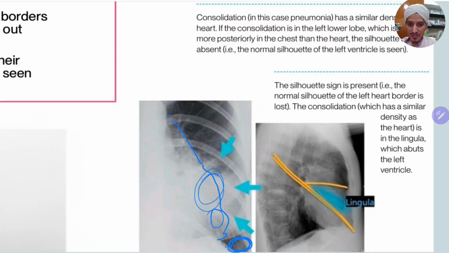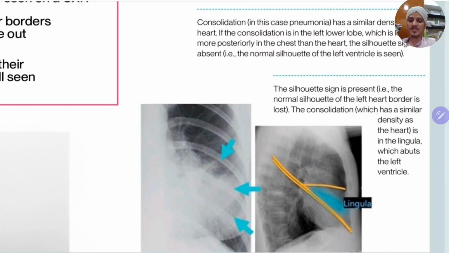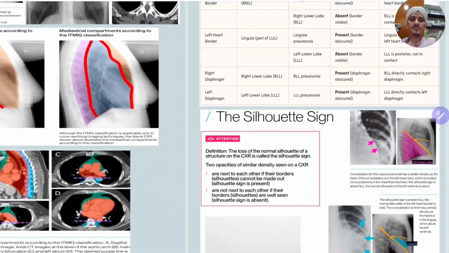You are able to make out the border of the dome of the diaphragm, but you are not able to make out the left border of the heart. That means the lingular lobe is involved, consolidation of the lingular lobe. The lingular part of the upper lobe is in direct contact with the left border of the heart, so that left border of the heart is obscured. That means the lingular part is involved. Simple. Silhouette sign is present.